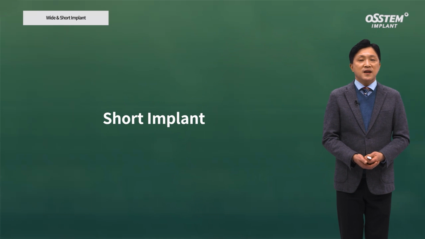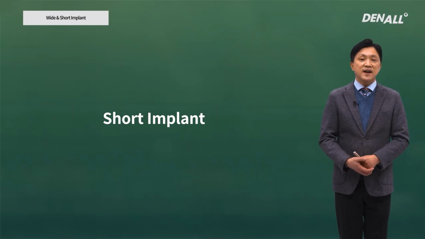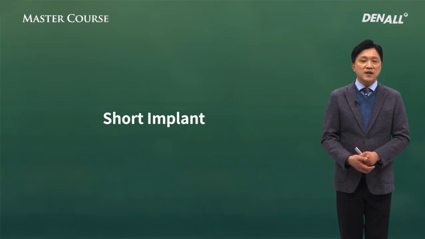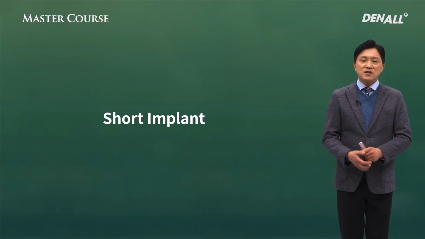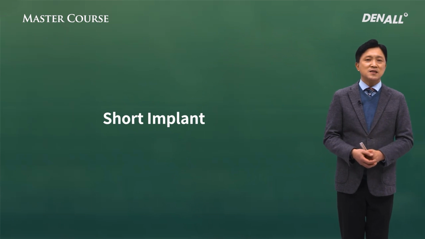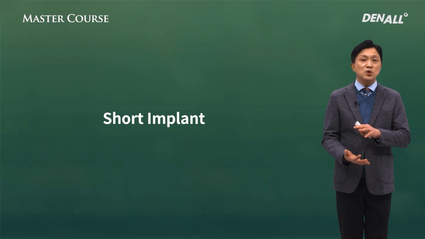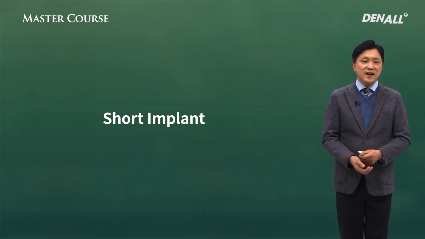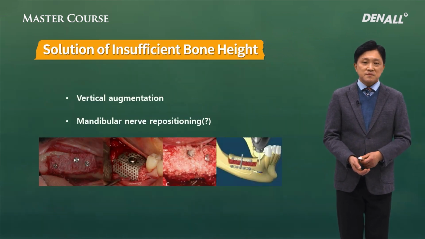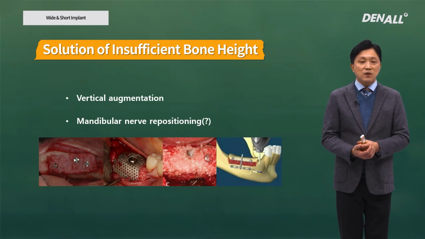Then let's look at short implants. Now, wide and short implants always go together. Typically, in the case of implants 6 millimeters or more in length, we use them also. But for the ultra-wide implants, we also use them as short implants. So the bone height, in other words, is insufficient.